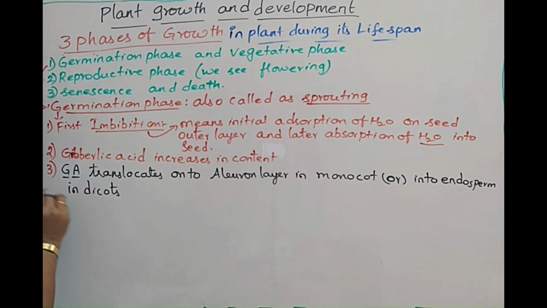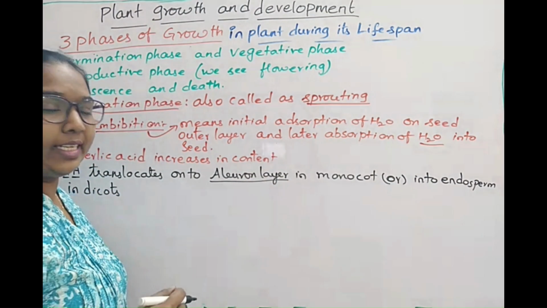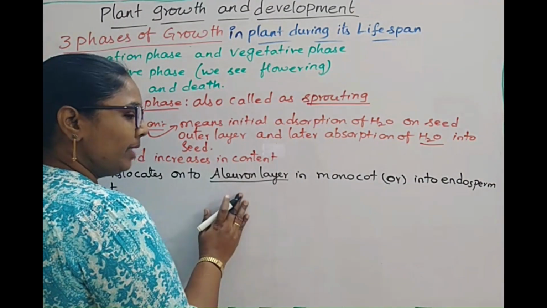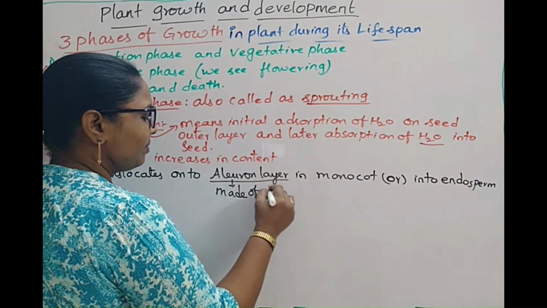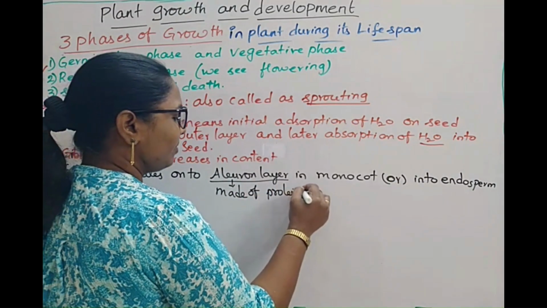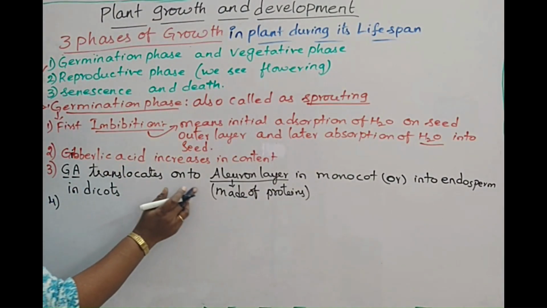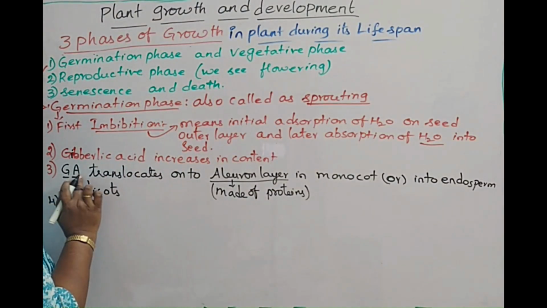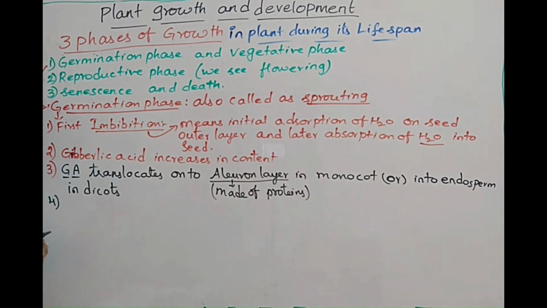Next, after translocation, we know that the aleurone layer is a proteinaceous layer. So here we have the stored food material made of proteins. Here gibberellic acid helps in synthesis of proteases and amylases.